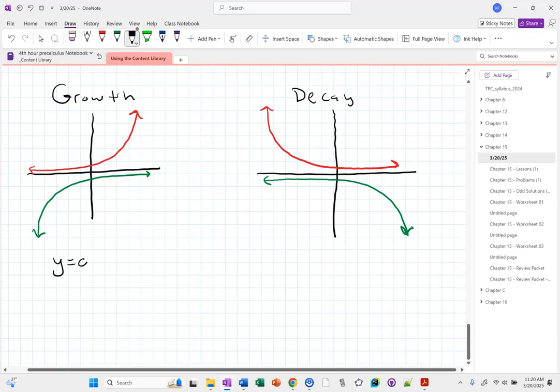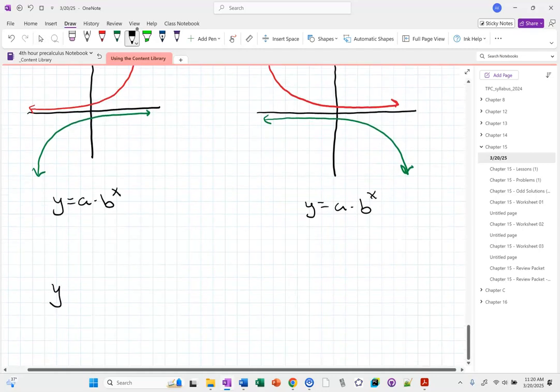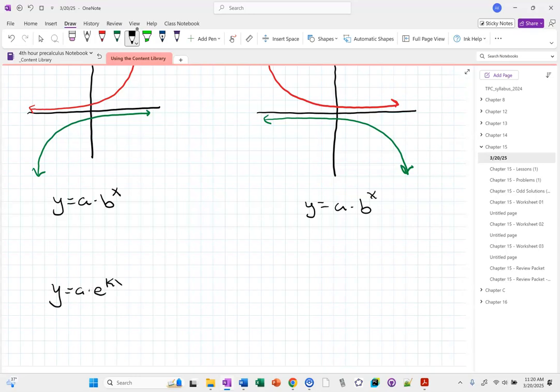So we can identify whether it's growth or decay just by looking at the coefficients, the values for a and b, or a and k, depending on which form we've written our function in. My exponential growth that matches the red graph is going to be a positive and b greater than 1.